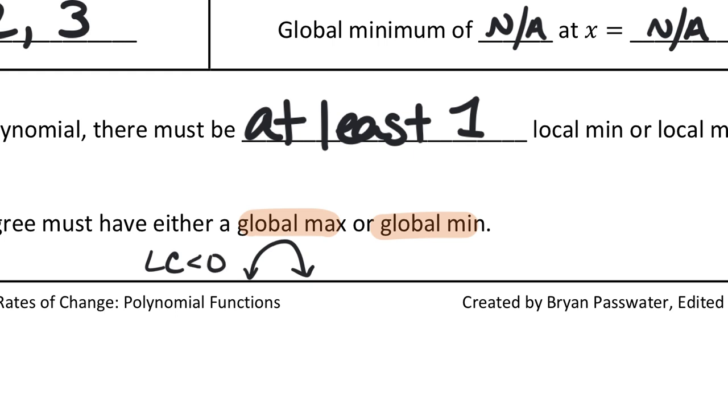You're going to have a negative number as your leading coefficient. For a global minimum, if this was a quadratic, that would be a happy parabola. That means that your leading coefficient is bigger than 0. You've got a positive number in front. So that leading coefficient actually does give us a big hint on the types of extrema we could see, especially if it's an even degree function.